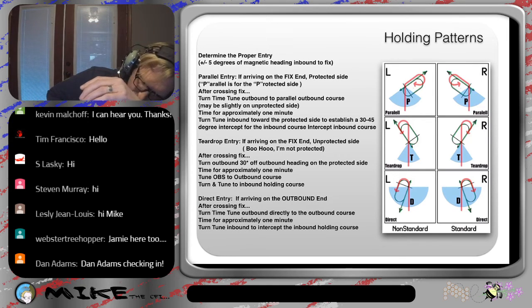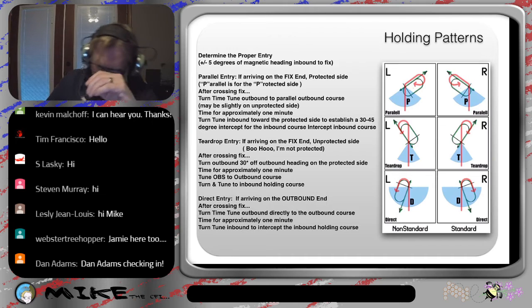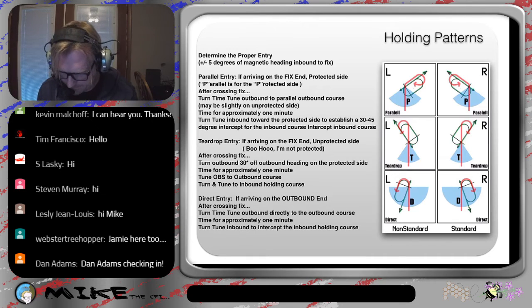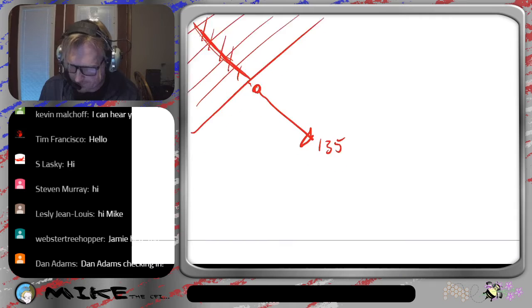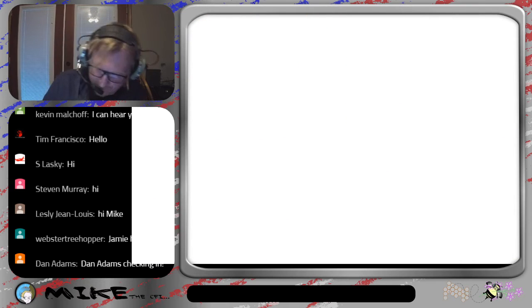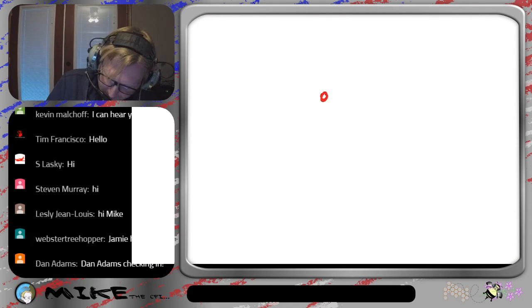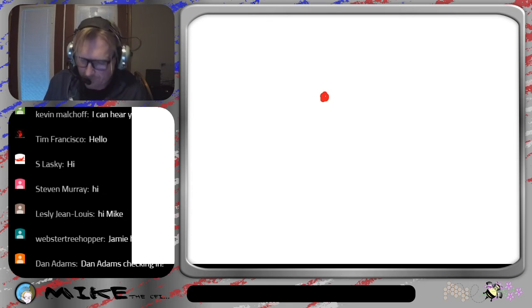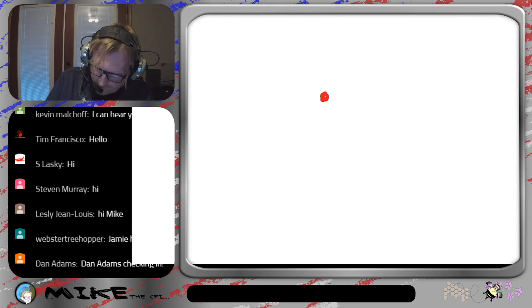when we look at the holding pattern, we've got the holding fix. We've got the holding radial, and then the holding pattern. Then we're always drawing back to the holding fix and making right-hand turns.